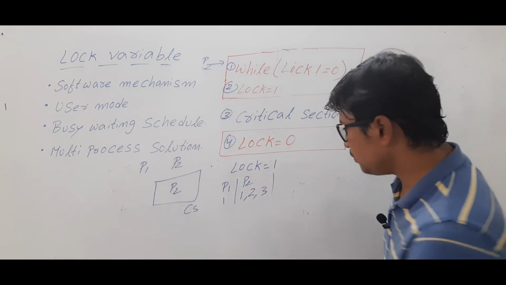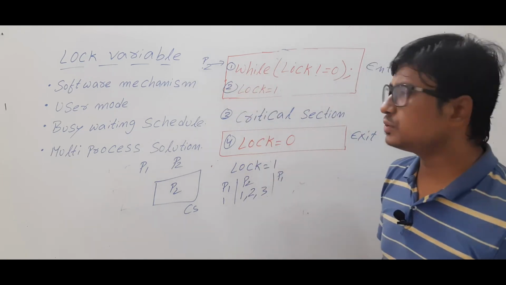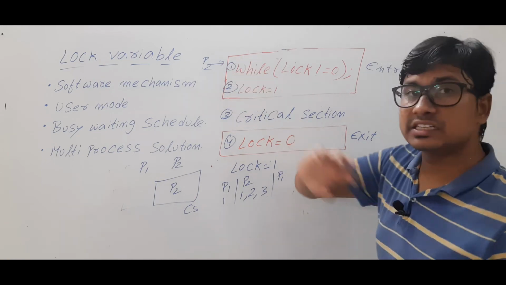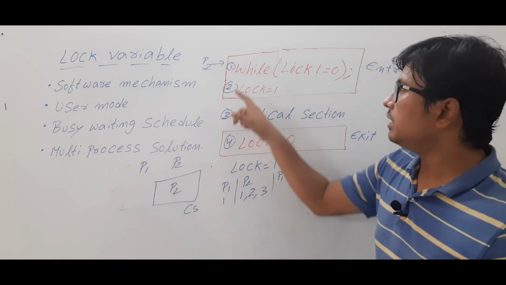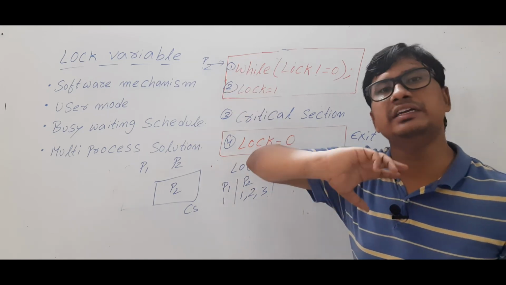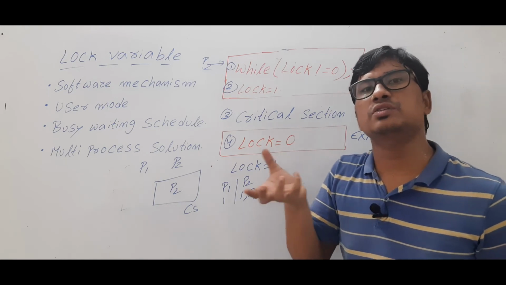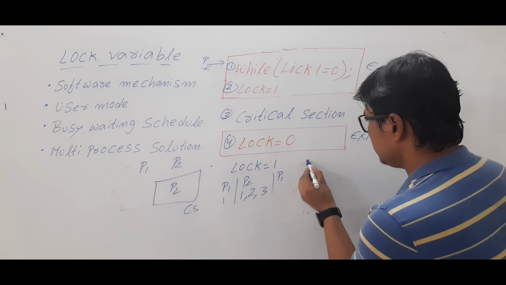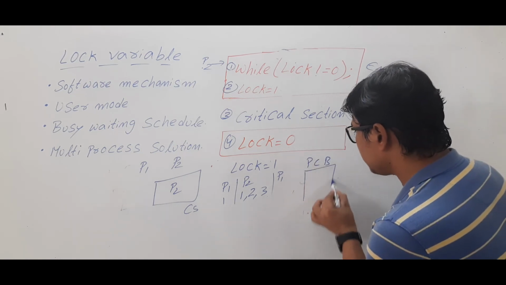Now process P1 wants to execute or enter the critical section as it has completed instruction 1. Are you able to understand? It will not execute instruction 1 again because each process will have its process control block, PCB. In that, several attributes will be there.